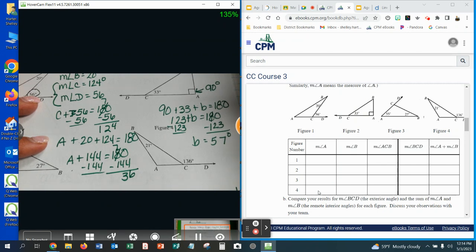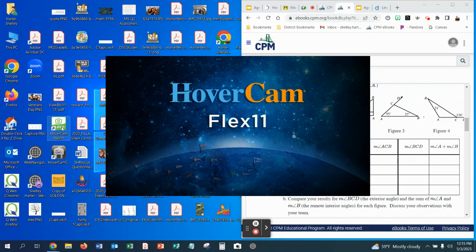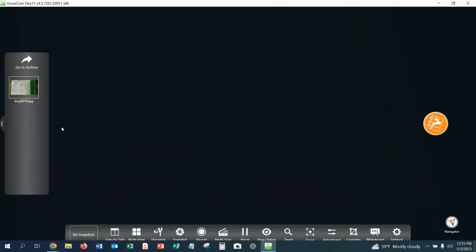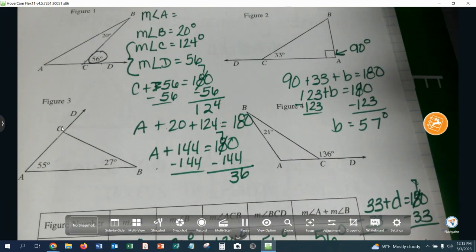D equals 147. My screen is frozen. Thank you. 147. Okay, great.